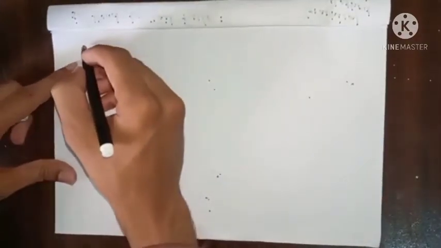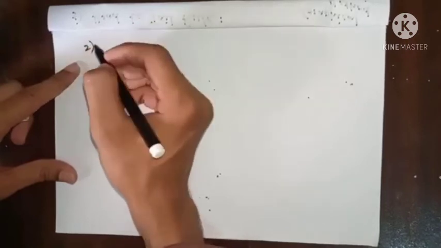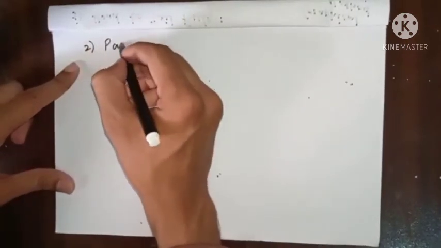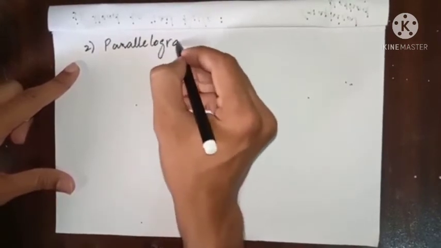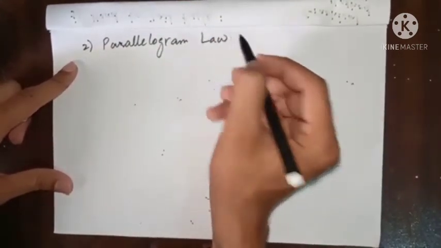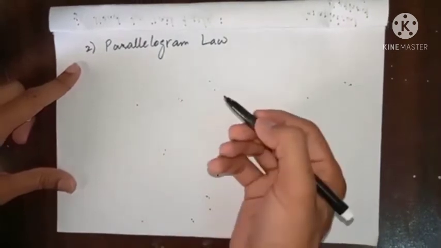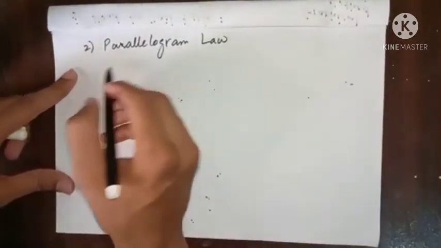Now we are discussing the second graphical method for vector addition, that is parallelogram law, or completely you can say parallelogram law of vector addition.